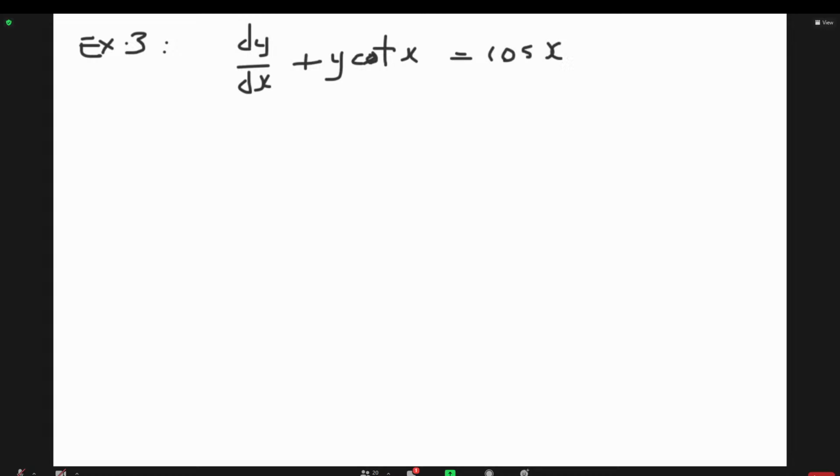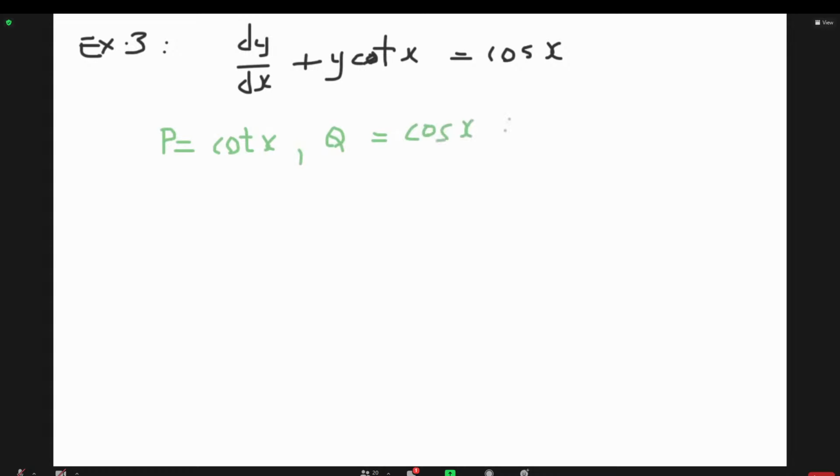So that is in the form that we need. p is equal to cot x. It's plus, and whatever is around the y. Q is equal to cos x.